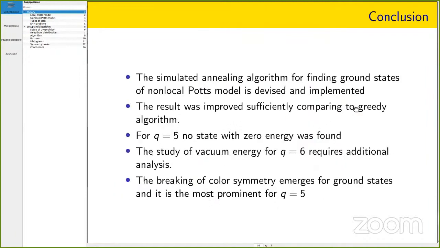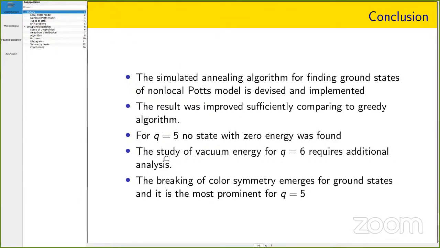This brings me to conclusions. We studied the vacuum states of the non-local Potts model on a random lattice by implementing a simulated annealing algorithm, and it has proved to be efficient.